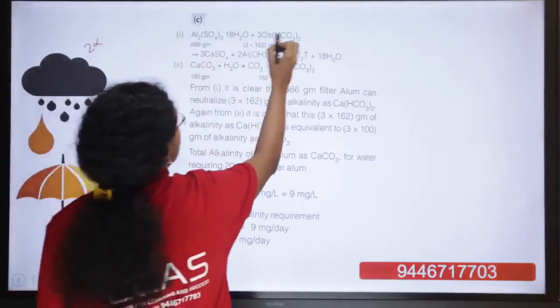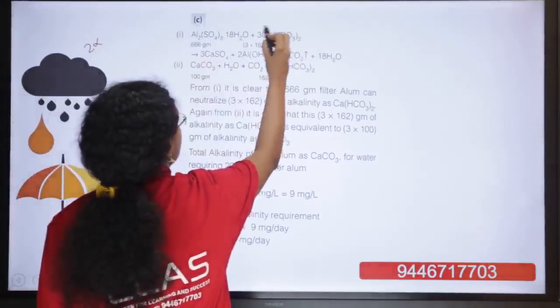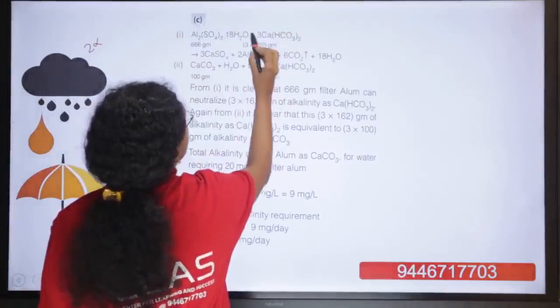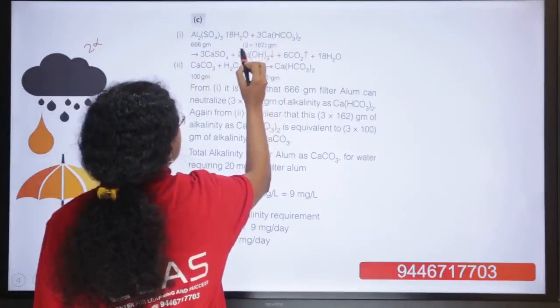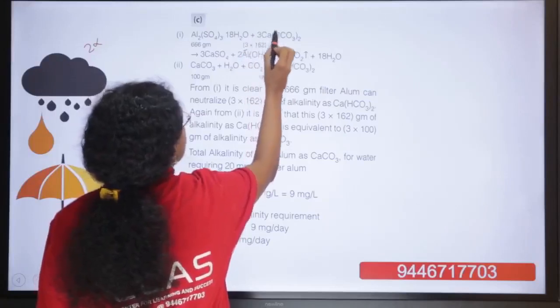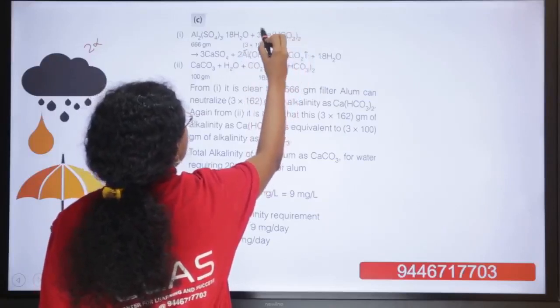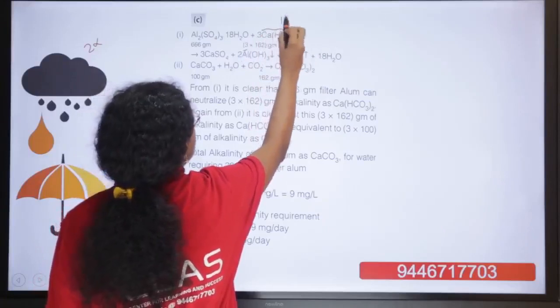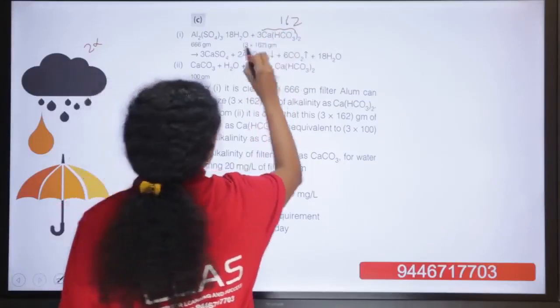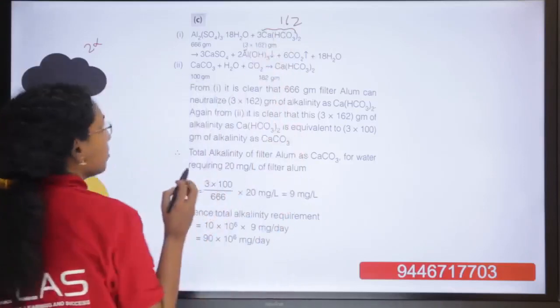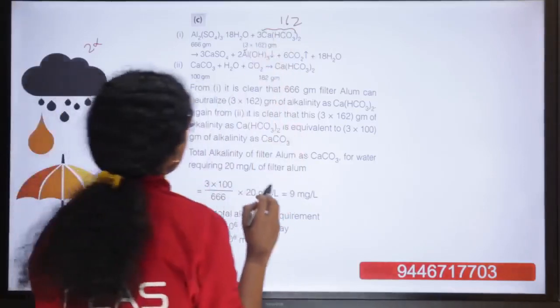Now similarly, if we substitute the values and find it for calcium bicarbonate alone, but here in order to balance it, we have written a 3. So this 3 into Ca(HCO3)2, the total molecular weight we obtain is 162. So 3 into 162 is the total grams of calcium bicarbonate that is used.